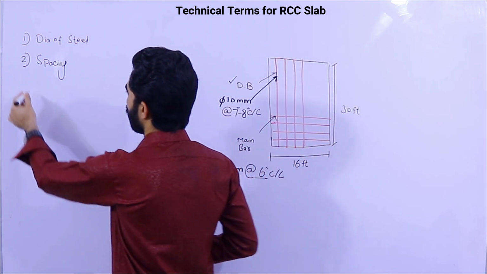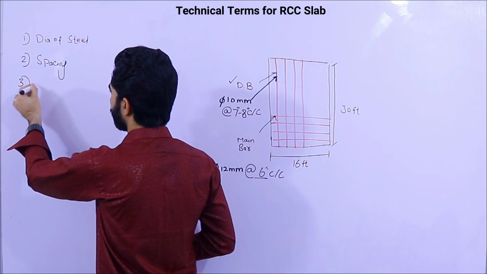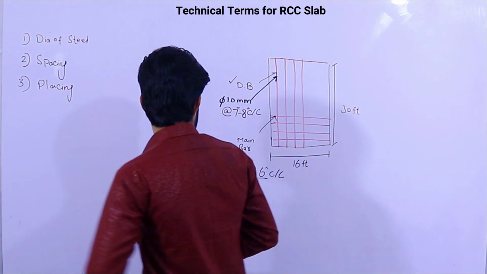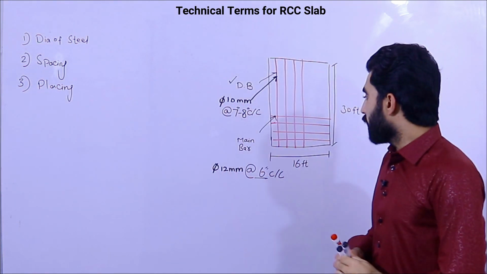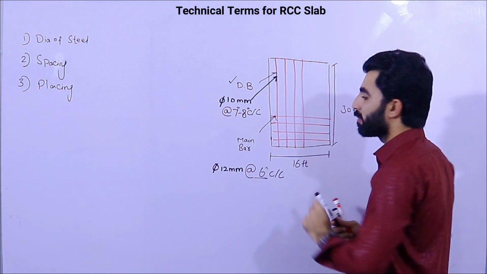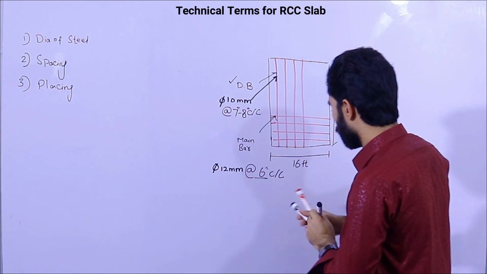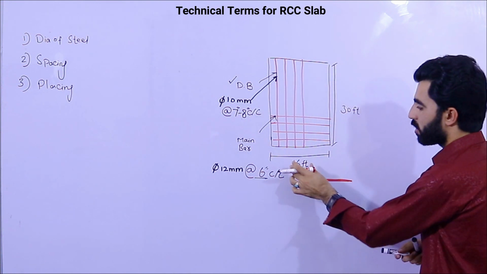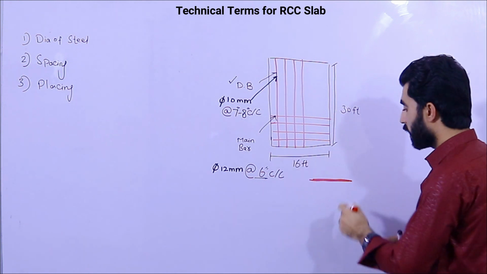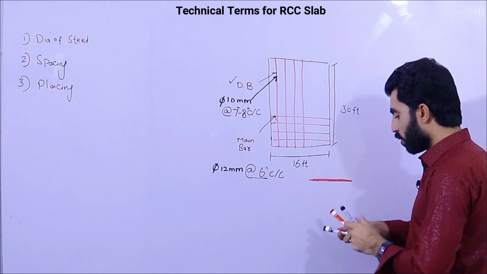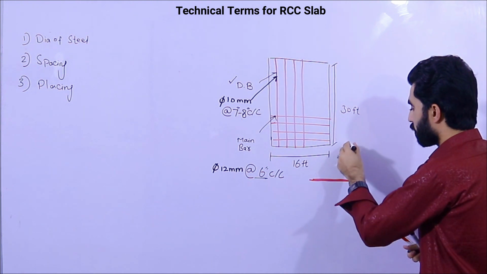Now the third one is for placing. This is also very important. Remember, in an RCC slab, the main bars should be placed at the bottom. The main bars, the one which is 16 feet, should be placed first. Then above this steel bar, you should place the distribution bars.